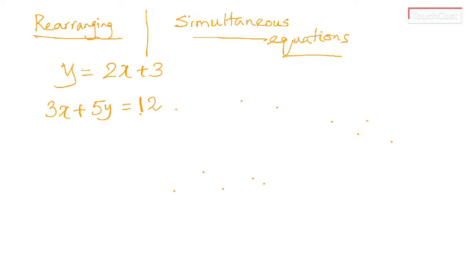Now, for the graphic calculator, this is alright, because you can enter y1 equals 2x plus 3. But what happens with this one? This one, y is not the subject of the formula.